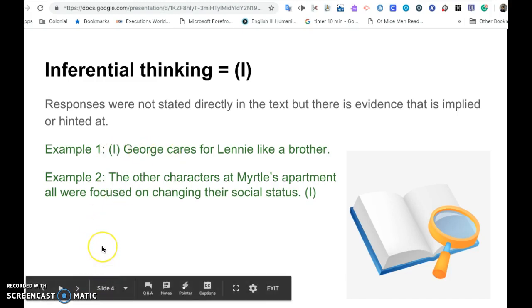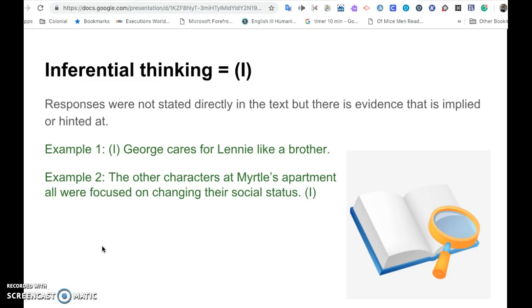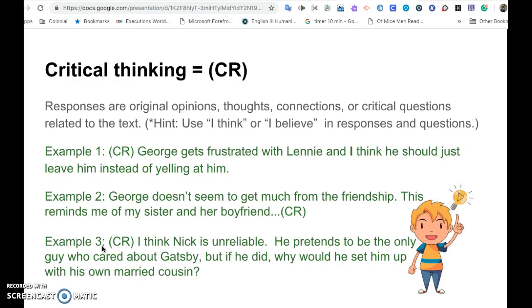Well, that's not directly stated in the text, but there's enough evidence in the text for me to make that guess. So that's an inference. Here's another example from Gatsby. The other characters at Myrtle's apartment were all focused on changing their social status. Well, that's true, but it's not directly stated in the text. I can infer that by the conversations the characters are having in chapter 2.